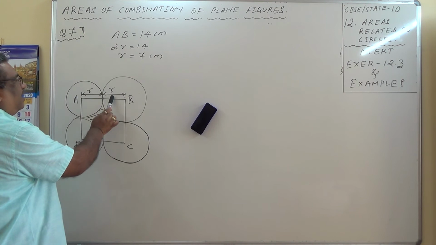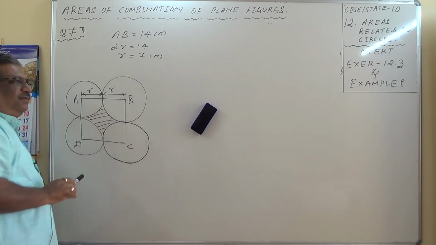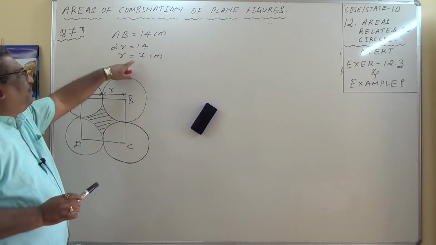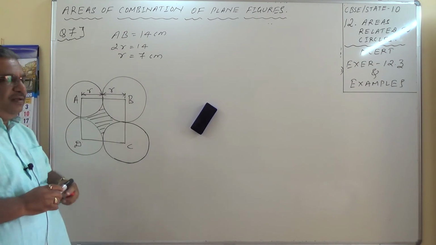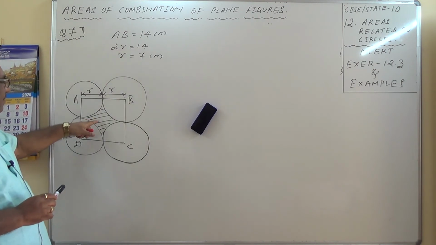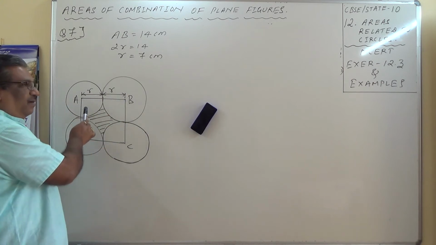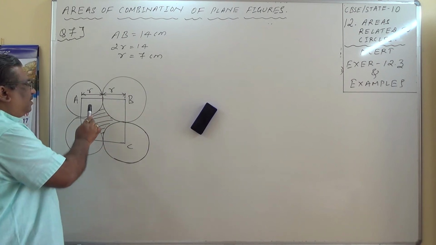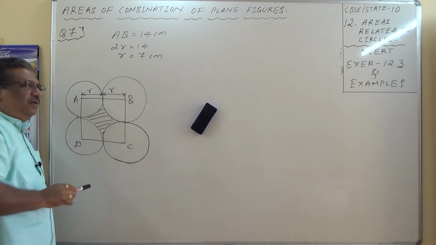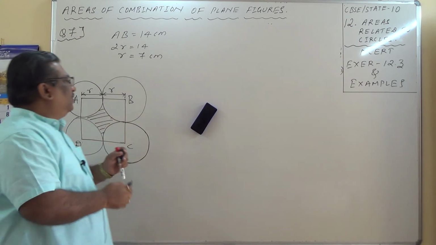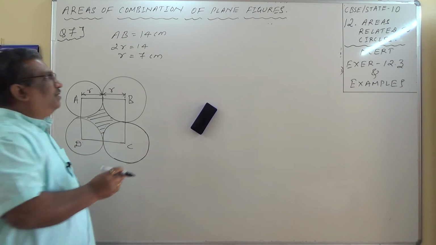So R plus R should be equal to the side of the square which is 14 centimeter, and therefore R equals 7 centimeter. What is the area of the shaded region? Area of the shaded region is equal to area of the square minus 4 times the area of quadrant of radius 7 centimeter.